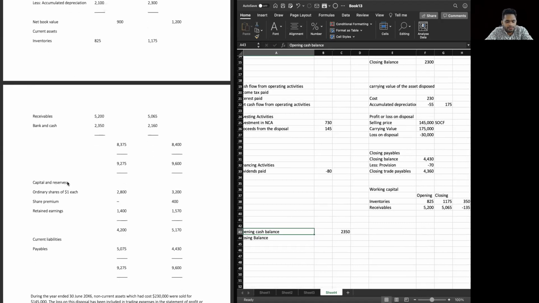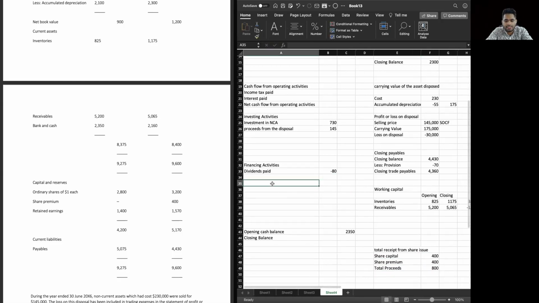Next, you have your capital and reserves. You see your ordinary share capital has increased by 400 and your share premium also has increased by 400. So total receipts from share issue: your share capital has increased by 400, share premium has increased by 400, so the total proceeds will be 800.